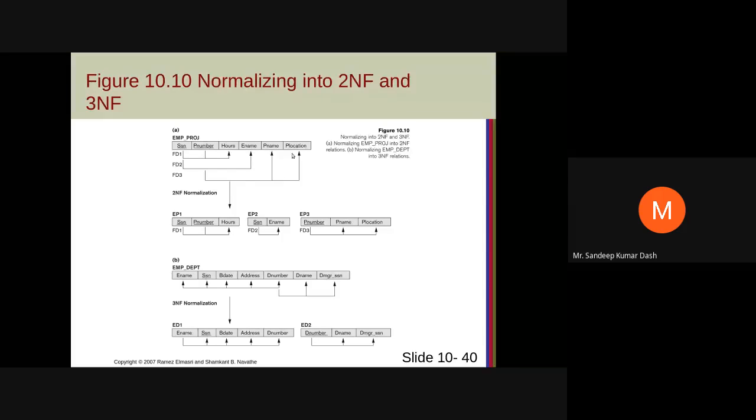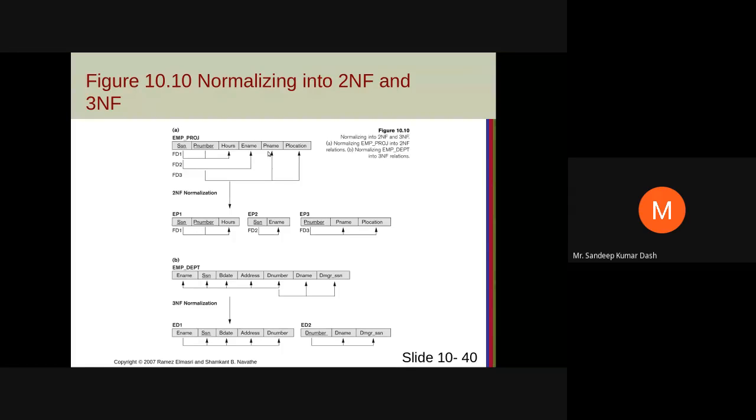In FD3, P name and P location are dependent on P number only. So you take them out and make a separate relation. In that relation, P number is designated as the primary key, because whenever you draw a schema, you have to mark the primary key of that relation.